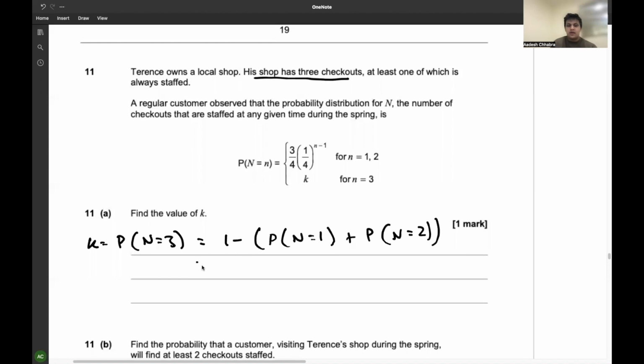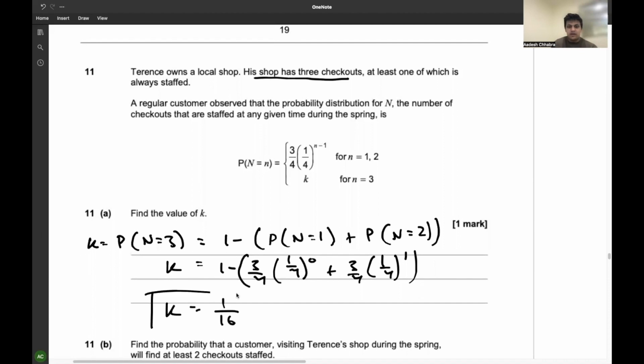So if we go ahead and calculate this, we know that K would be equal to 1 minus (3 by 4 times 1 by 4 to the 0, plus 3 by 4 times 1 by 4 to the 1). If we go ahead and put this into your calculator, this should come out to be 1 upon 16 for the value of K.